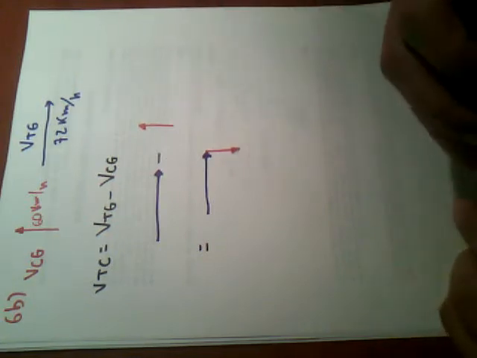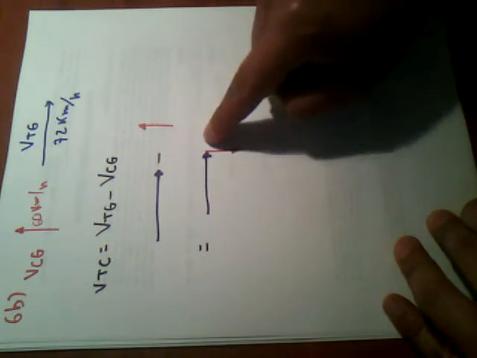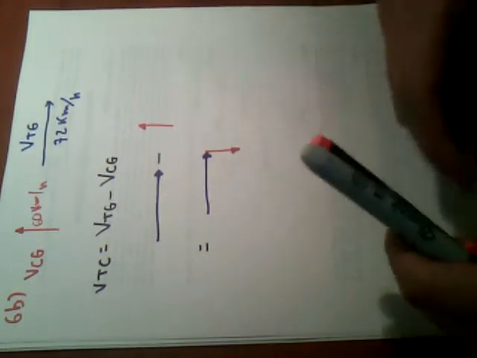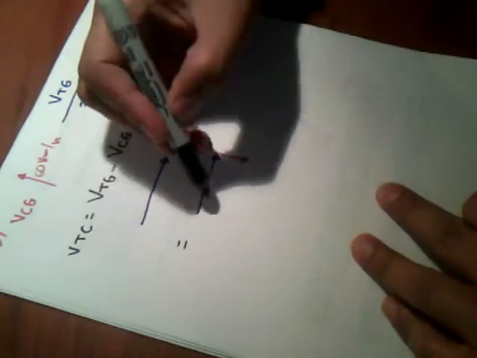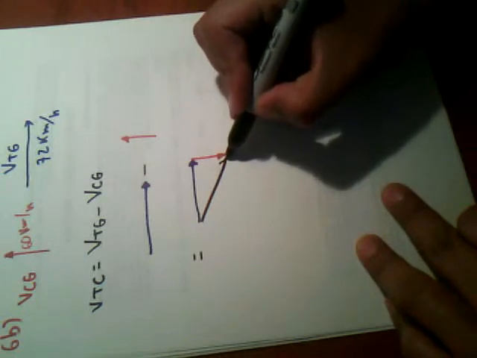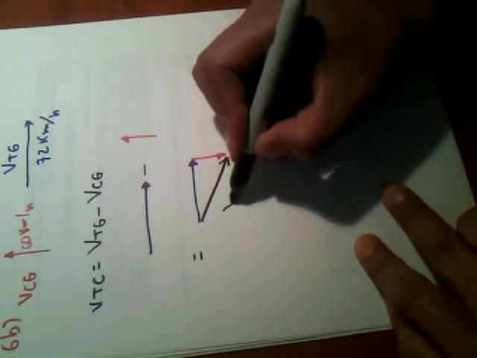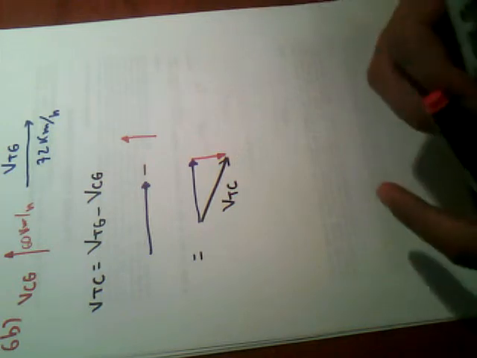So with this, I'm doing the blue one minus the red one, okay, this one minus this one, and the resultant value that I want is this, right? This arrow here will be velocity of the truck relative to the car.